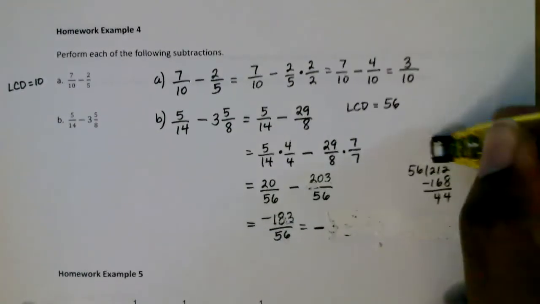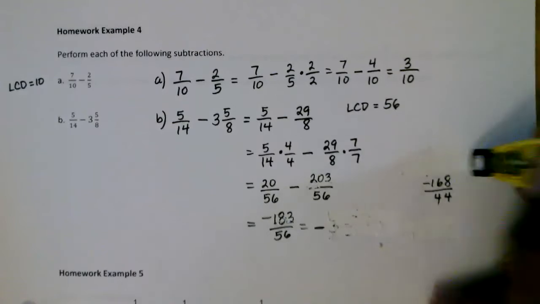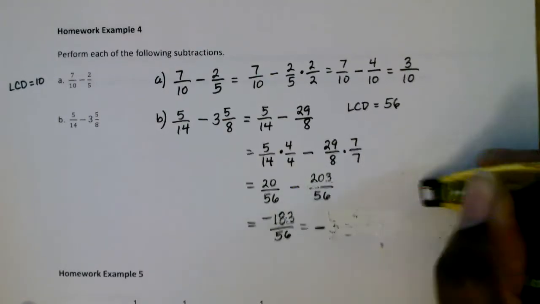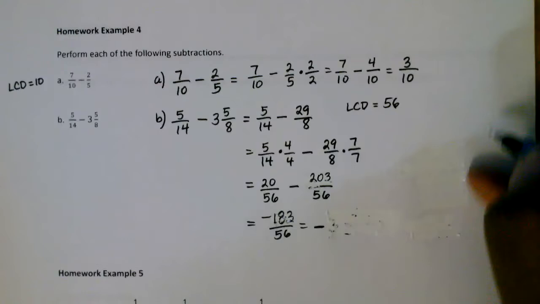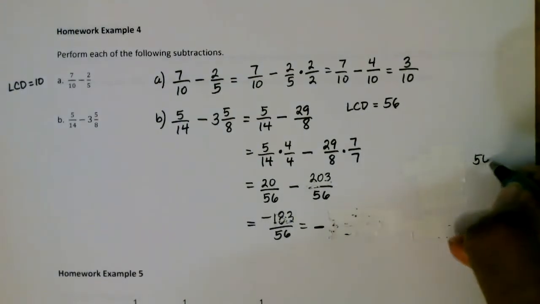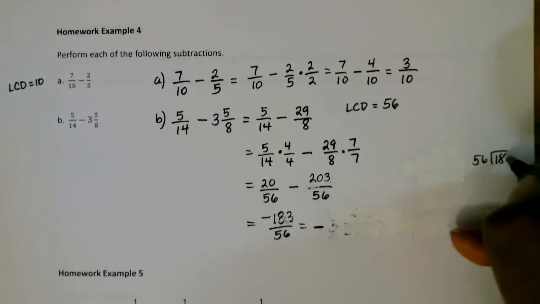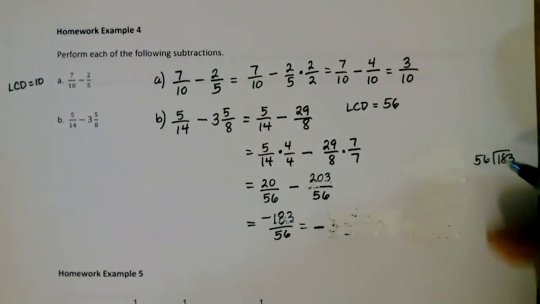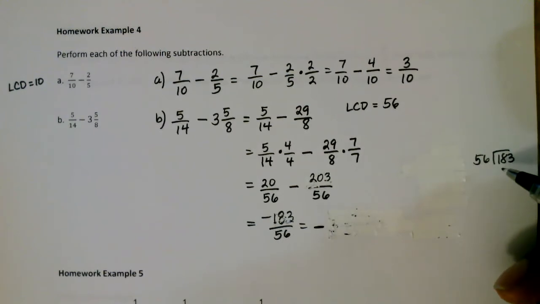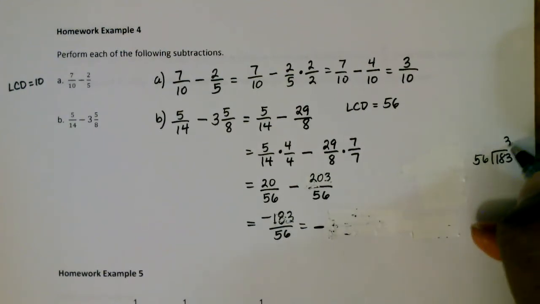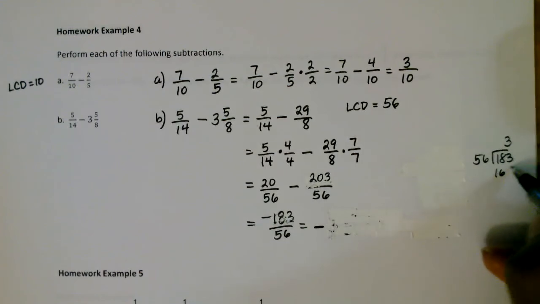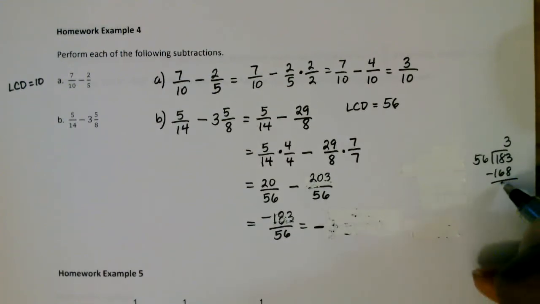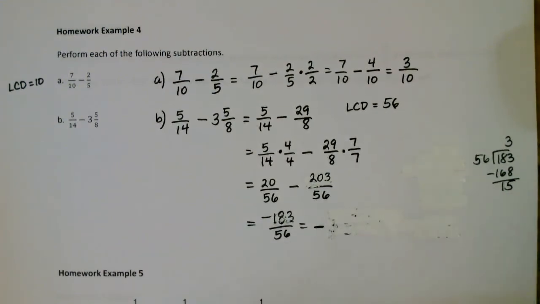So here's what's going to happen. If I do 56 into 183, 56 goes into 183, of course, 3 times. 3 times 56 is 168. 168 from 183 will be 15.